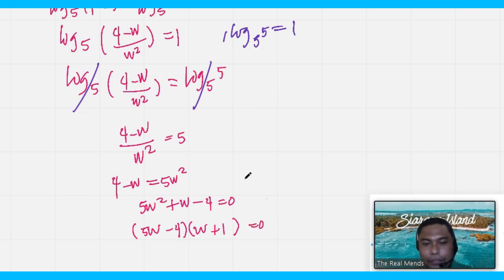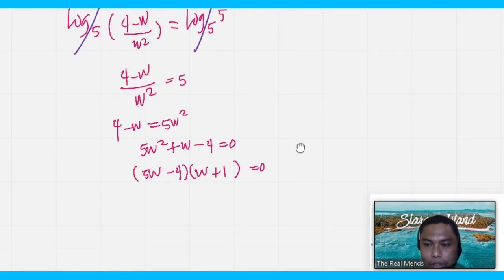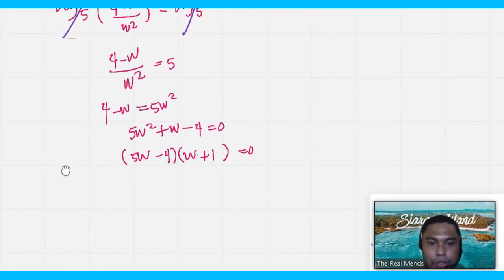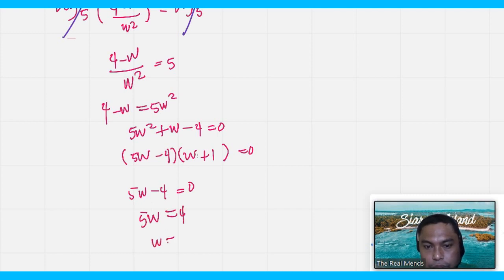So we have two values of w. By just using algebra, 5w minus 4 is equal to 0, and then 5w is equal to 4. So our w1 is 4 over 5.